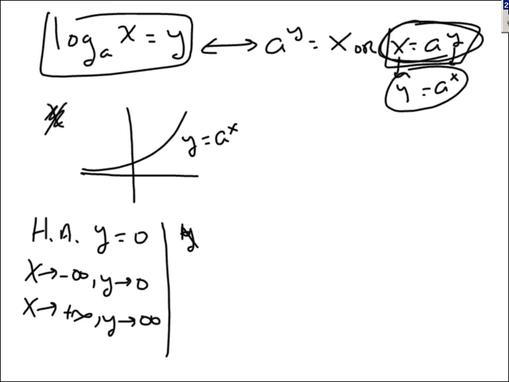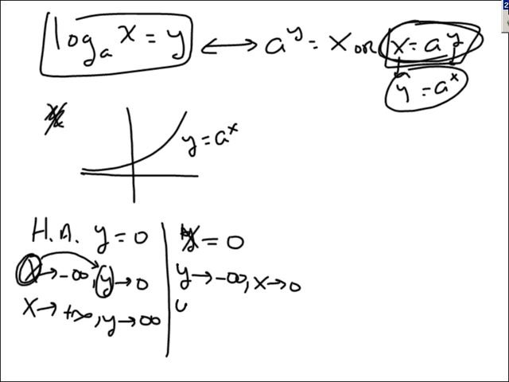You now have x equals 0. As y goes to negative infinity, x goes to 0. I'm interchanging the x and the y. That is, right here I write y, right here I write x. As y goes to infinity, x goes to infinity. And so that's here. If you were to graph this, let's see what happens.